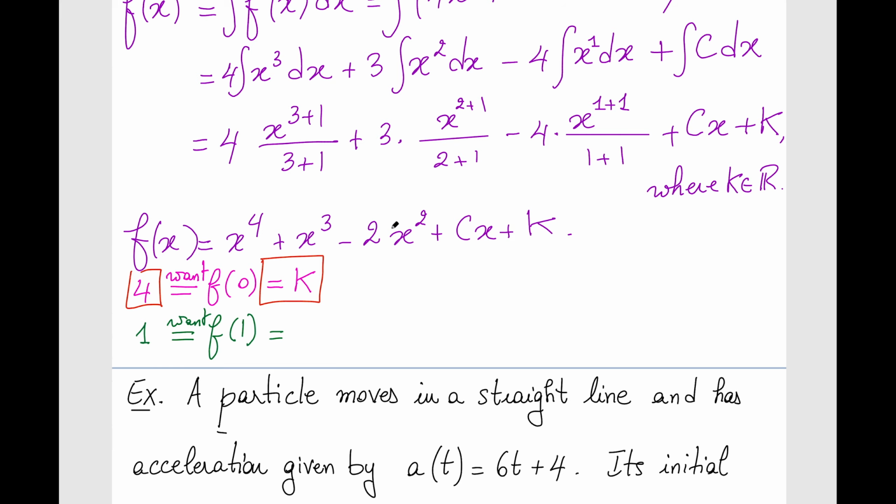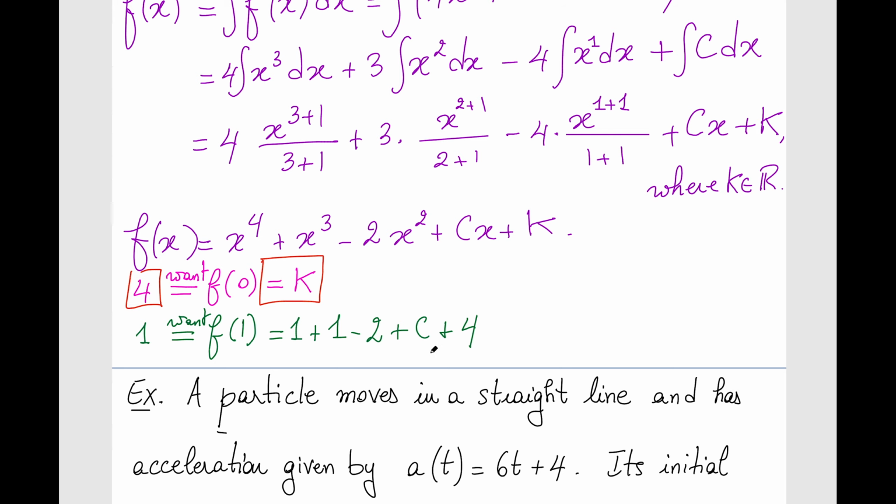So for any function f that belongs to this family of functions, it's going to be 1 to power 4 plus 1 to power 3 minus 2 times 1 squared plus c times 1 plus k, right? So one more time. What's f of 1? F of 1 is 1 to power 4, so 1, plus 1 to power 3, so 1, minus 2 times 1 squared. 1 squared is 1. 2 times 1 is 2, minus 2, plus c times 1, so plus c, plus the k. And how much was k again? We found it. It's 4.